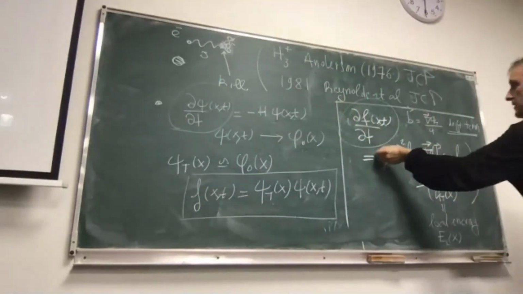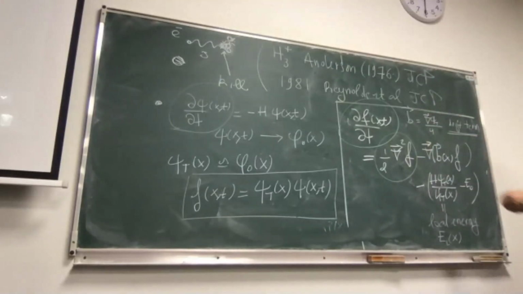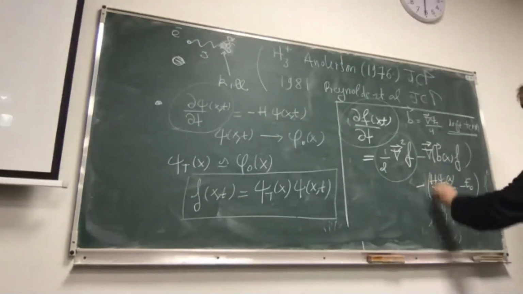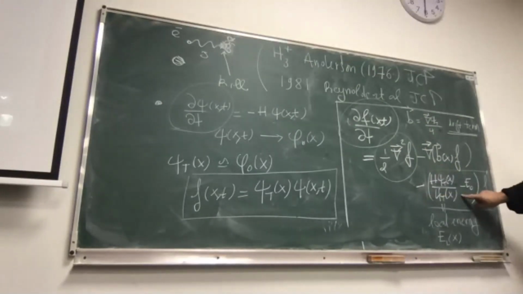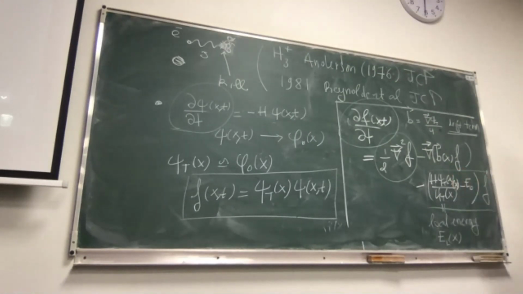And you have a free diffusion term, which is what we got before. We have also here a multiplicative operator. The local energy depends on x. This is a new potential. Instead of V of x, we have the local energy of x, just a new potential operator.